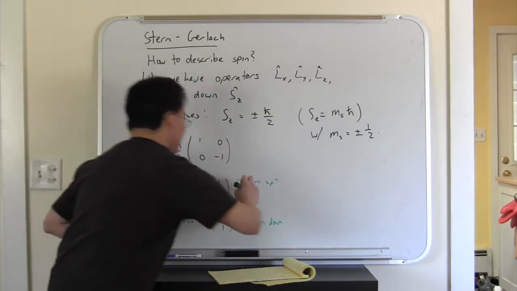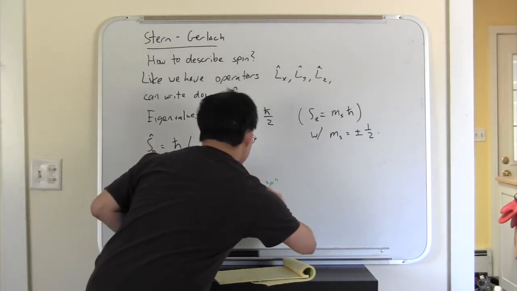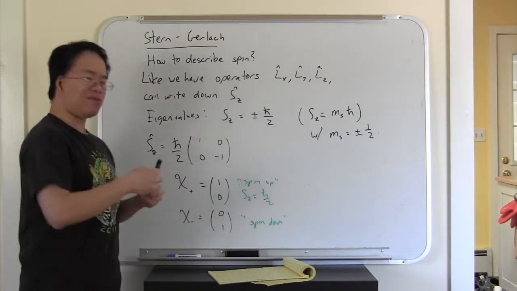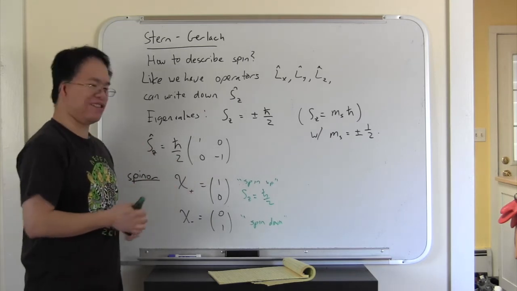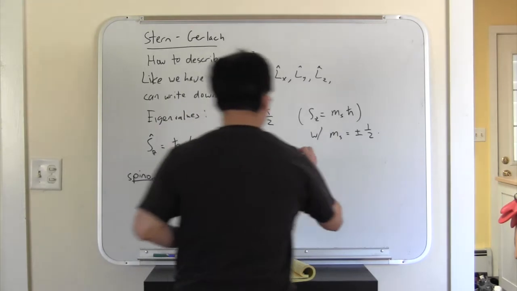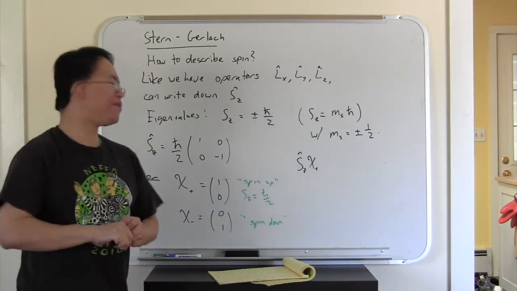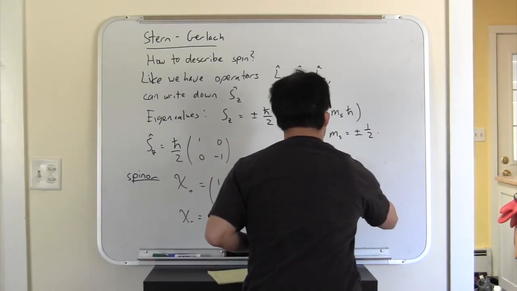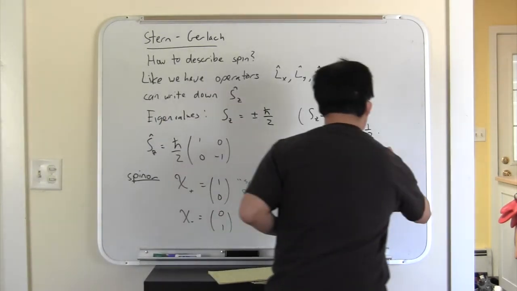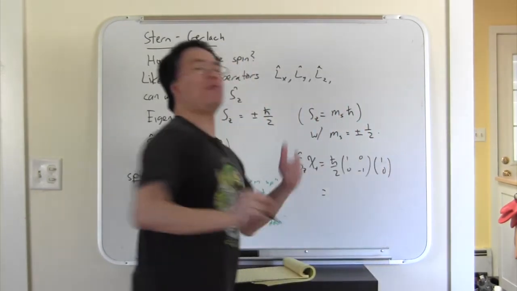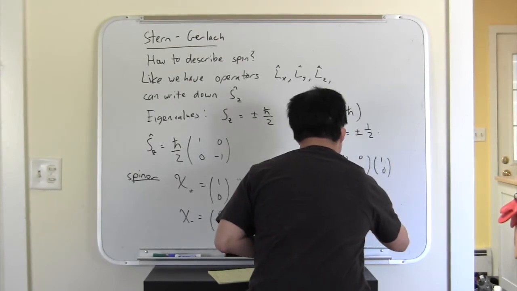And this is again the eigenvector with eigenvalue h bar over 2. Just to convince yourself that this formalism makes sense, I can apply this operator to this vector. If I apply Sz to my spinor chi plus, I have h bar over 2, 1, 0, 0, minus 1, multiplying 1, 0. If you remember how matrix multiplication works, I'll pull the prefactor down in front.